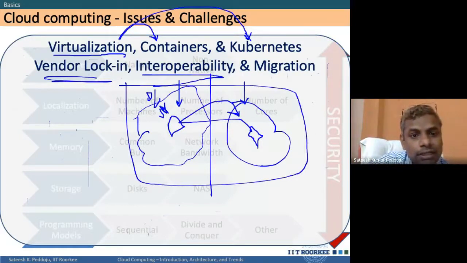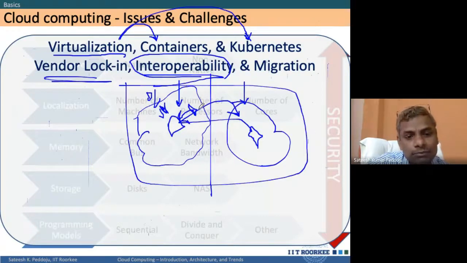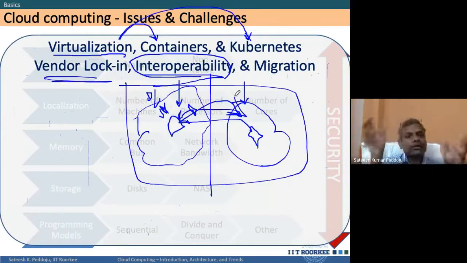Interoperability is where there are different providers, but there must be some features that allow you to work with both. So in a multi-cloud environment, there is a need for interoperability, where you can use multiple clouds together to achieve your job.